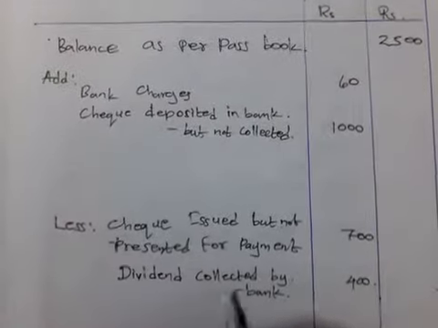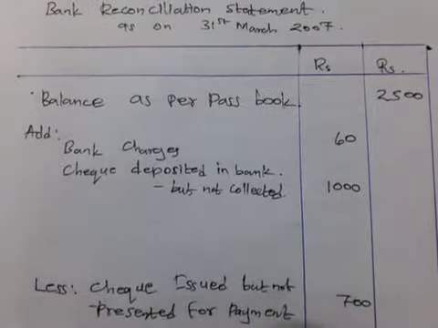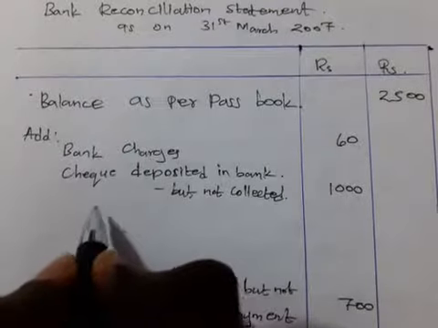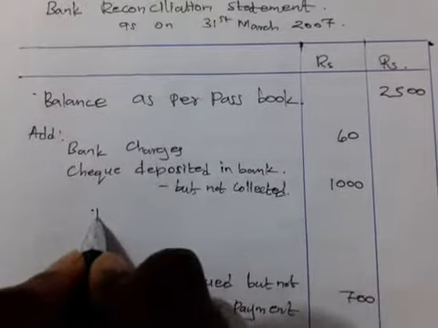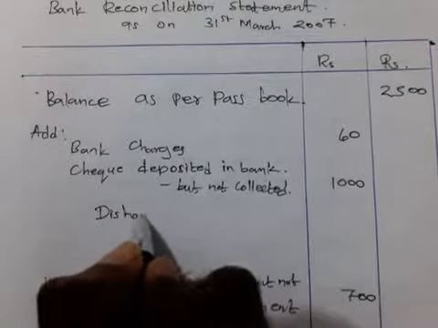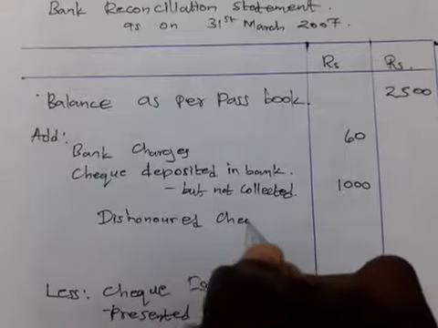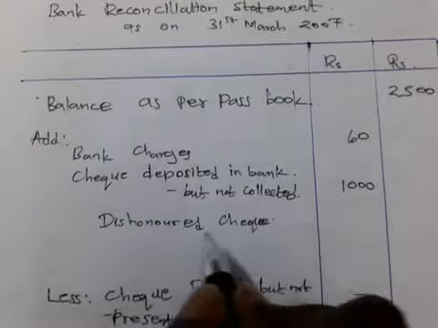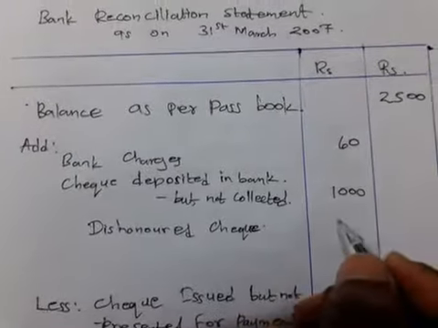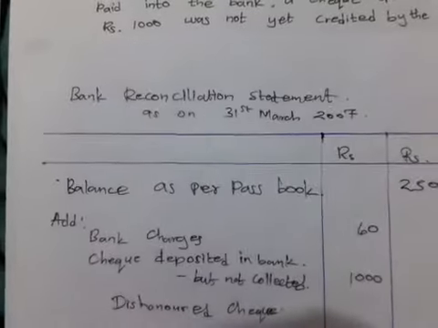At the time it was deducted from the bank balance, that means passbook balance, so we have to add it. Because we are adding this amount to find out the cashbook balance. This one is 600.